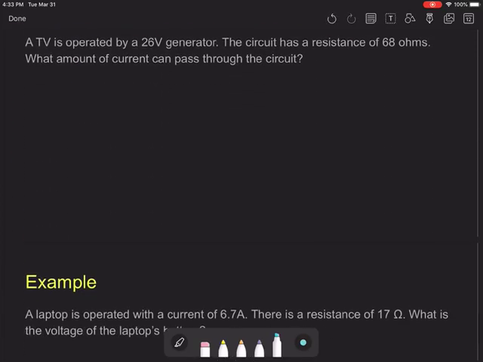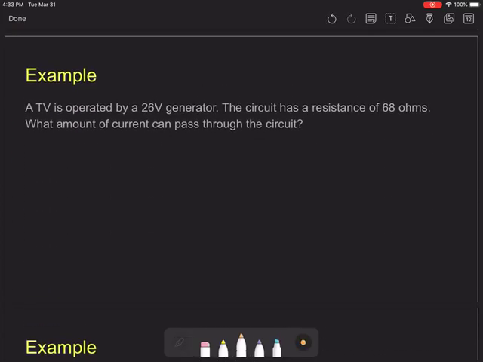Alrighty. Next example, we have a TV is operated by a 26 volt generator. The circuit has a resistance of 68 ohms. What amount of current can pass through the circuit? So again, step 1, we are going to write out what we're given, what we're looking for.